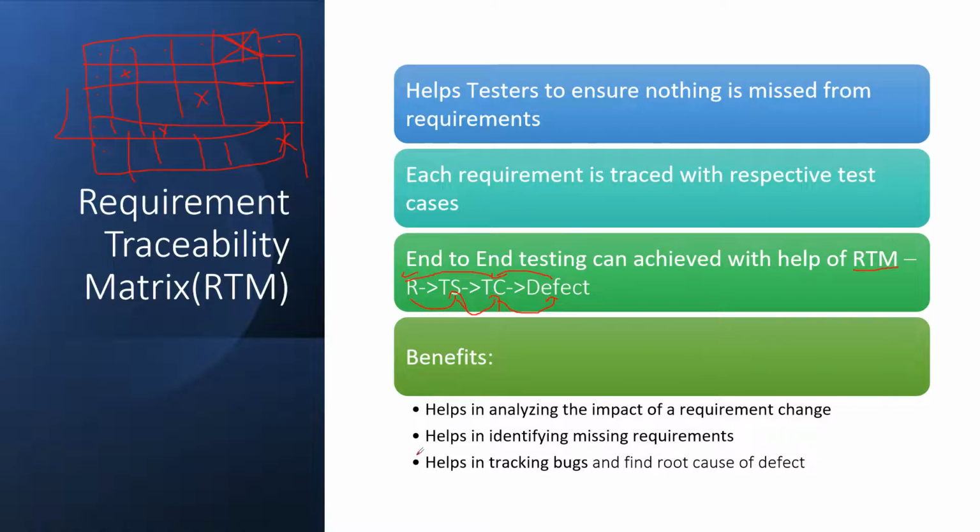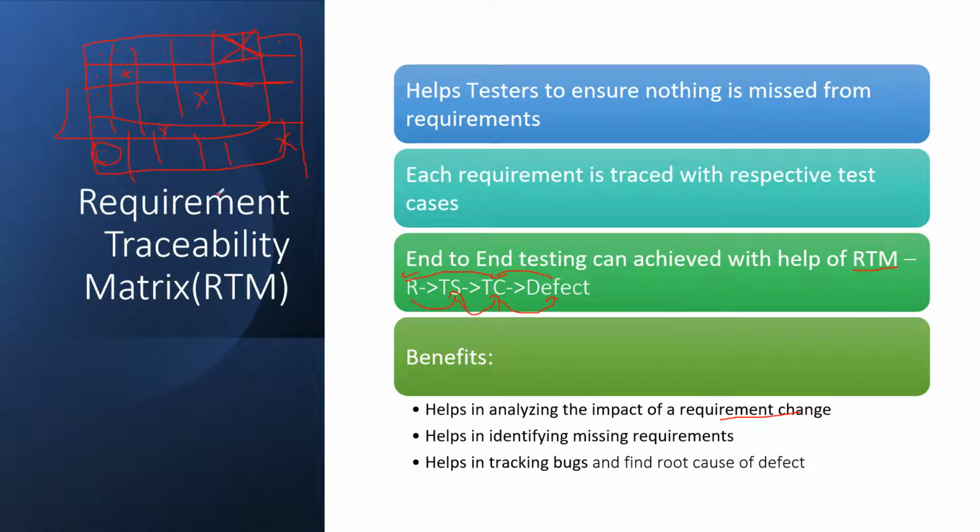The benefits are, it helps in analyzing the impact of a requirement change. If we have a new requirement, we need to write a new test case for that and perform testing. So whatever requirement changes come in, we can analyze which areas the change needs to be implemented in. It helps in identifying missing requirements.